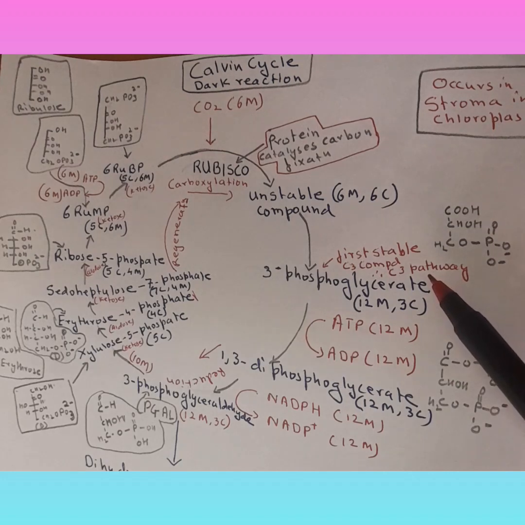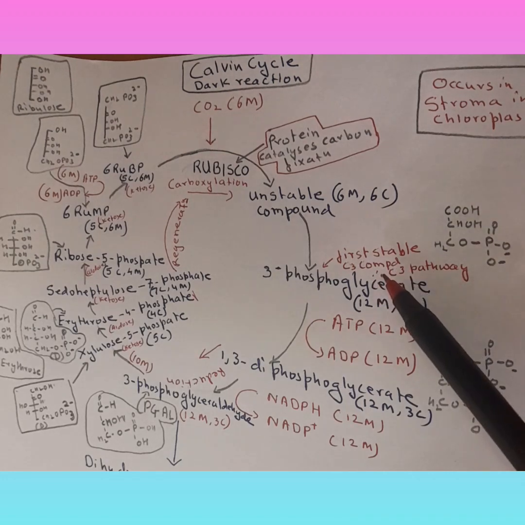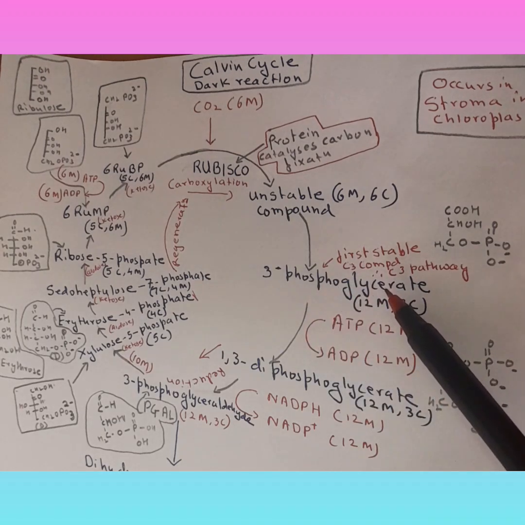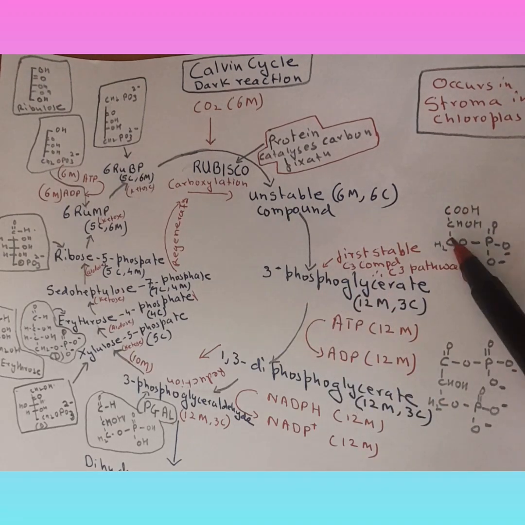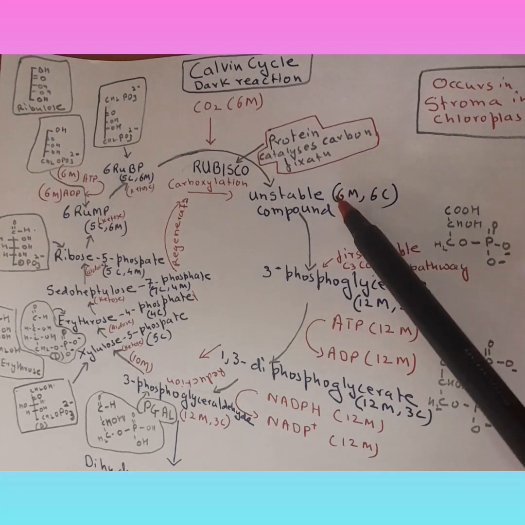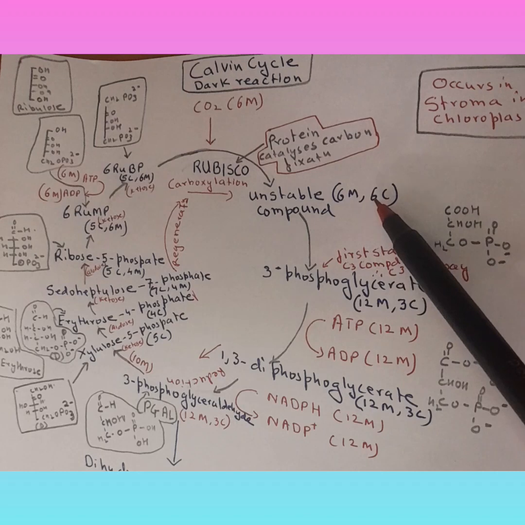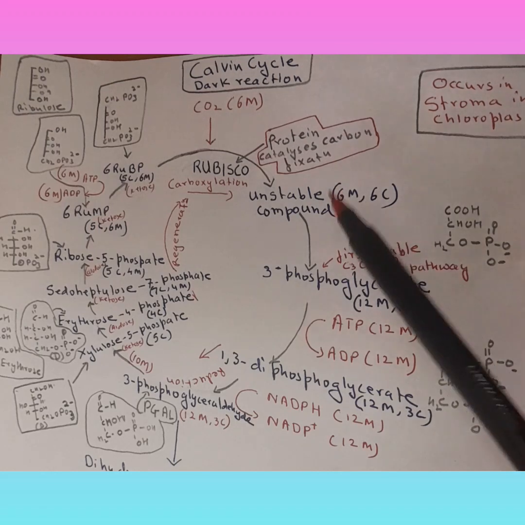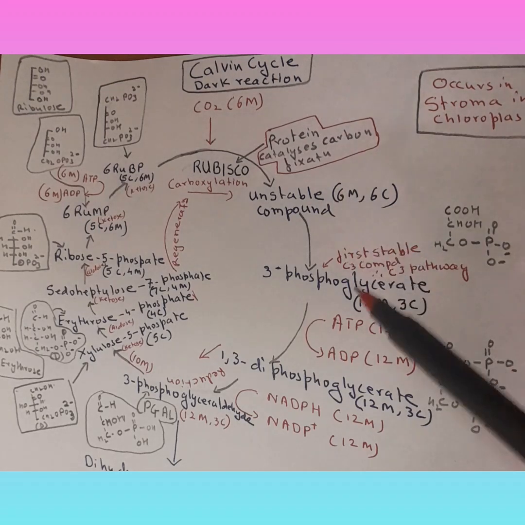So obviously, you know why we call it the C3 pathway, because the first stable compound that forms is a C3 compound. All right. Obviously, this 6-carbon molecule breaks up into 3-carbon molecules. So obviously 6 molecules get converted to 12 molecules.